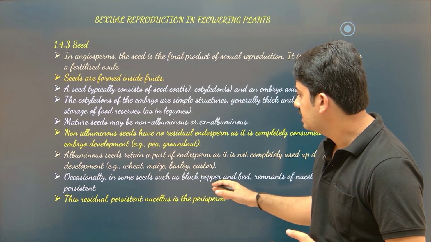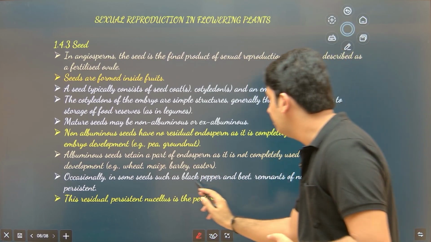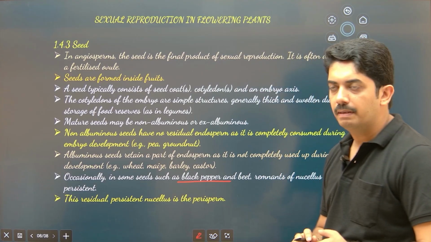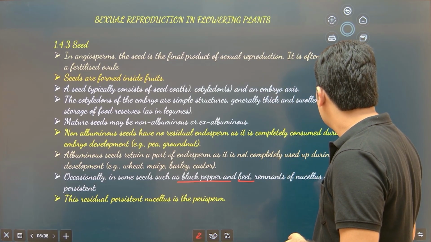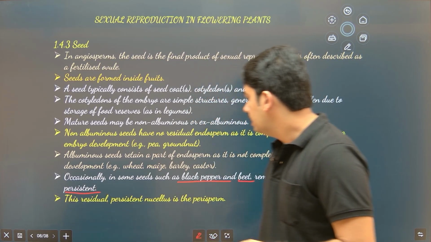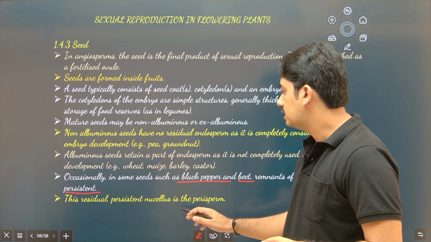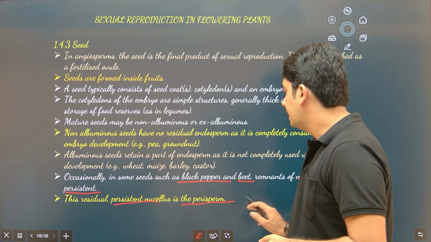Occasionally, some seeds such as black pepper, this is one exception. Please do remember, very, very important example. In black pepper and beet, remnants of the nucellus are also persistent. Okay, the terminology used for this remnant nucellus or persistent nucellus is perisperm.